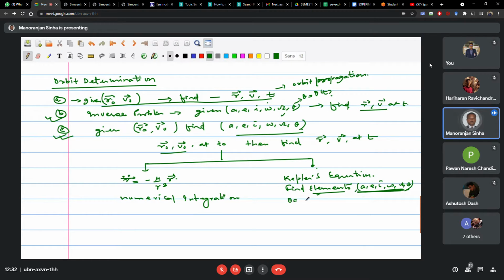So theta is a function of time t. To propagate theta, instead of directly propagating theta, it's propagated in terms of what is called the eccentric anomaly, E. So propagate in terms of E and then solve the problem.